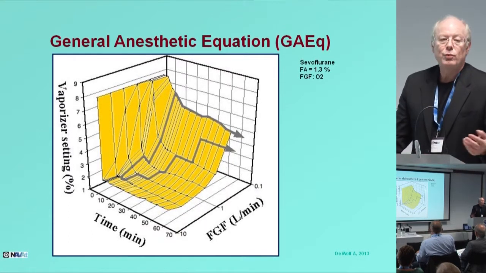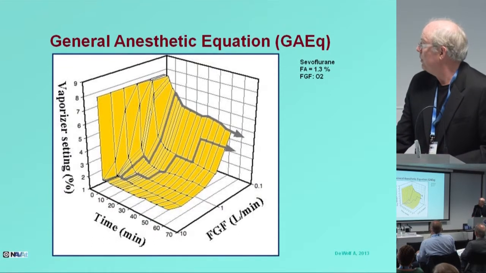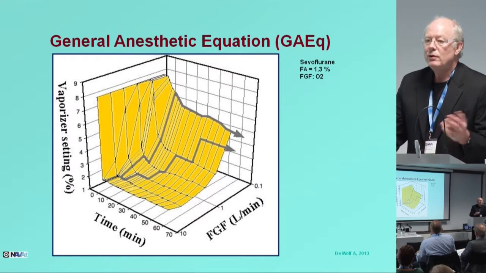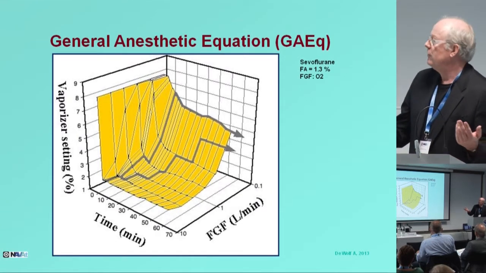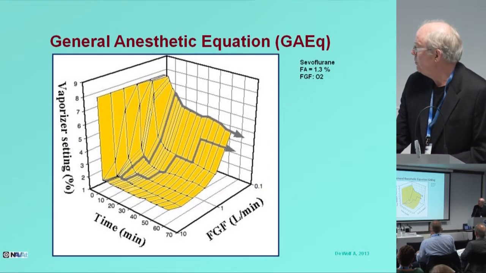And now you can choose what pathway you're going to follow. You can follow either of these two gray curves, but you can follow any pathway as long as at any specific time your fresh gas flow is coupled with a specific vaporizer setting that is in this plane.